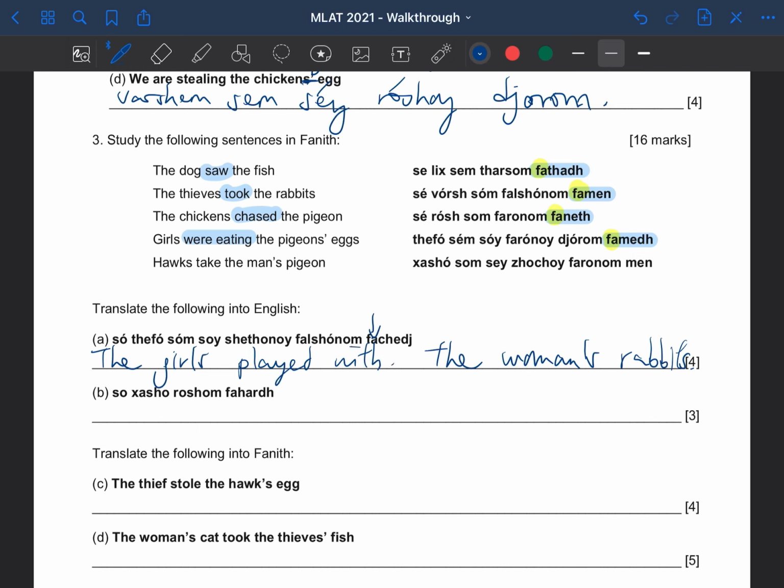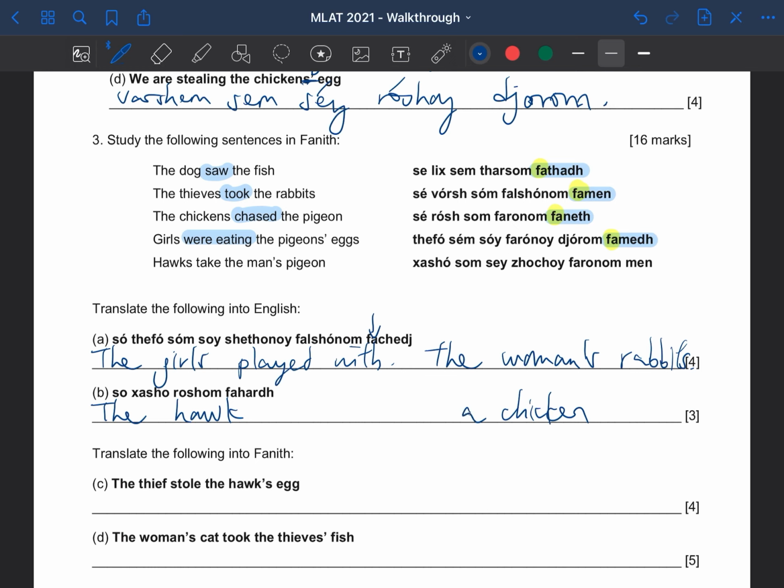Next up, we have so, sashon, roshon, fahar. So what is so, sashon? So, sashon would be hawk. The hawk, singular. Roshon would be chicken. And this doesn't have the definite article, so it would be chicken or a chicken.